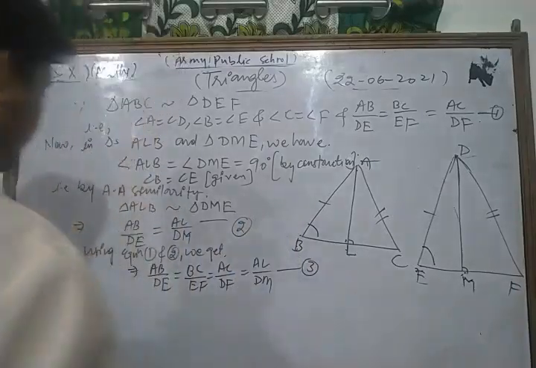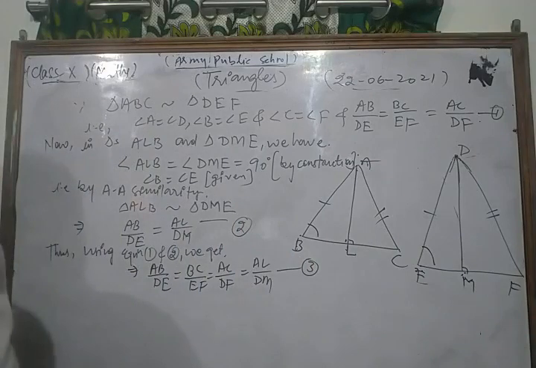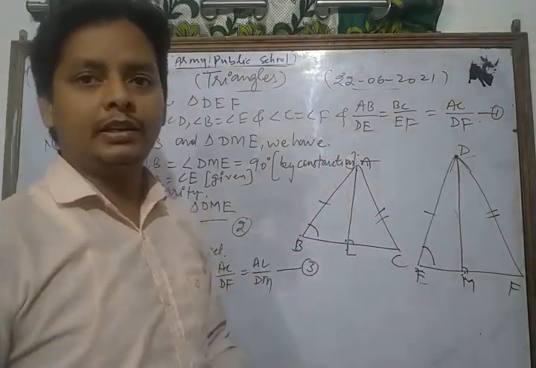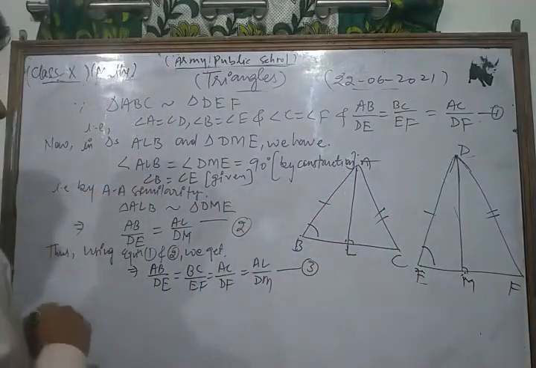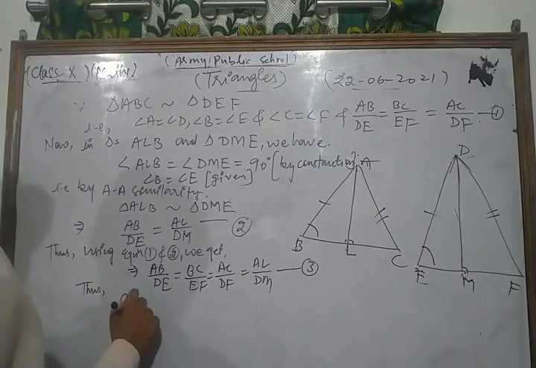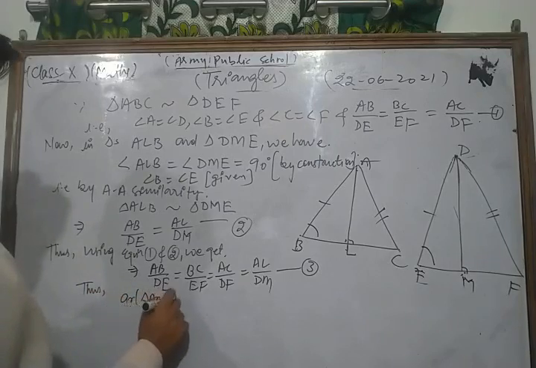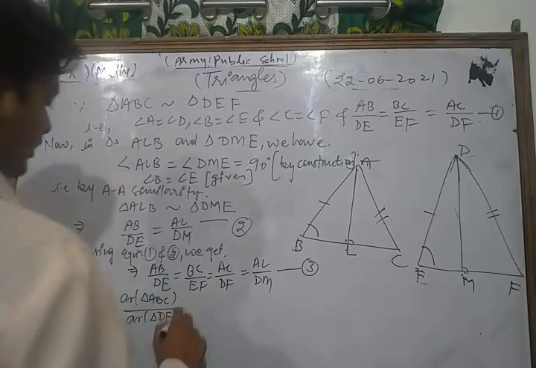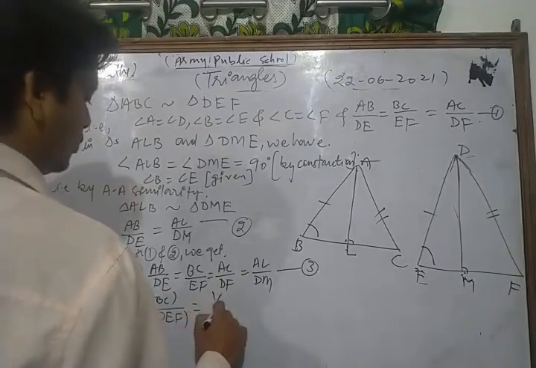Now look. Now we write the area of triangle ABC and the area of triangle DEF. Thus, the ratio of the area of triangle ABC to the area of triangle DEF. The area of triangle ABC is 1 upon 2 base into height.